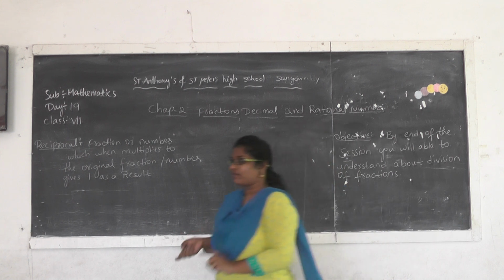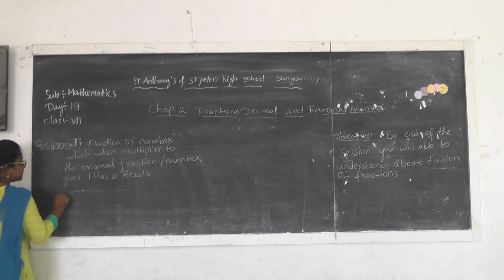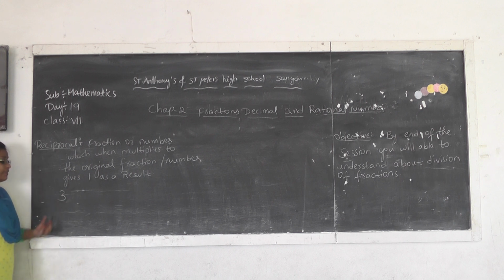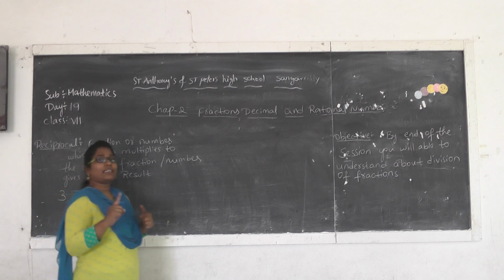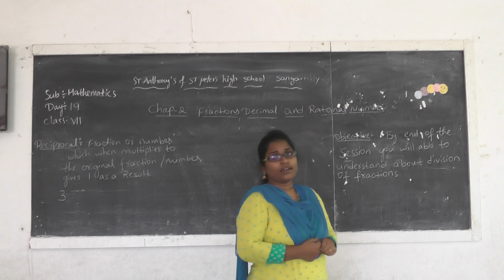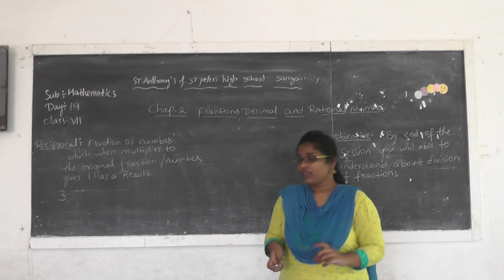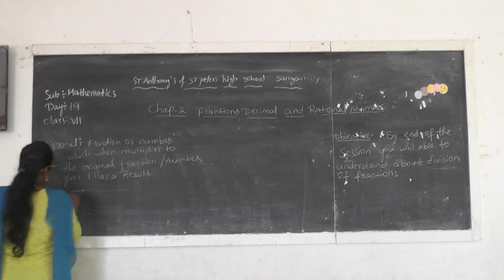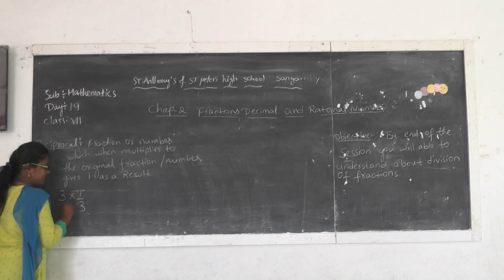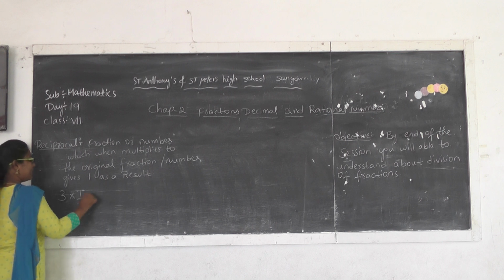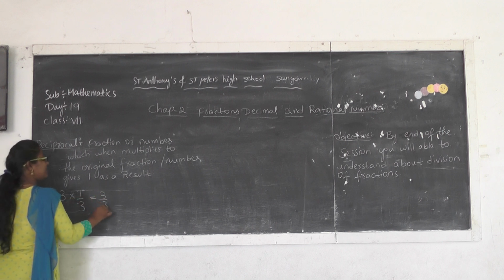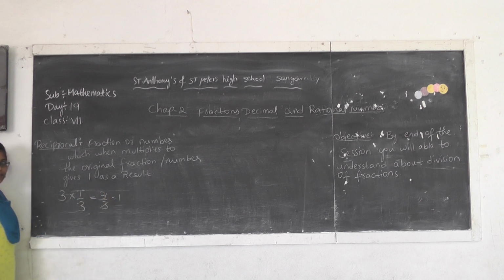Let me explain with one example. Let me take 3. With which number should we multiply 3 to get the result as 1? If we multiply 3 with 1 by 3, then 3 ones are 3 by 3, and the result becomes 1.